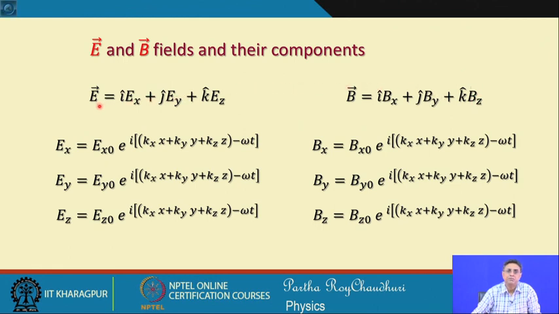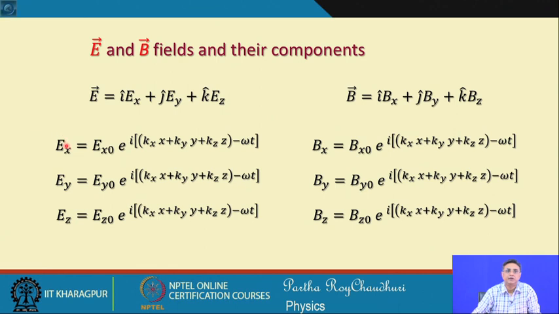Now, each of the Cartesian components, E x, E y and E z, will follow the plane wave solution. As we have seen, the plane wave equation will be satisfied by each of the Cartesian components of the electric field as well as the magnetic field.